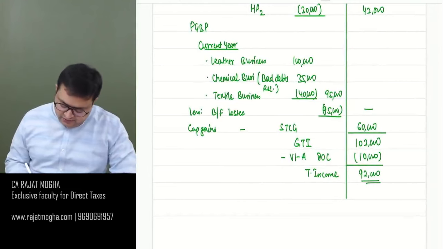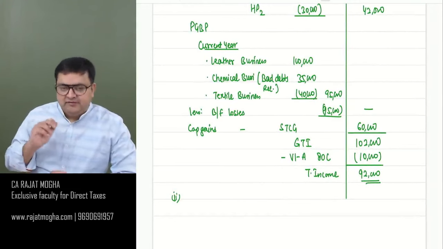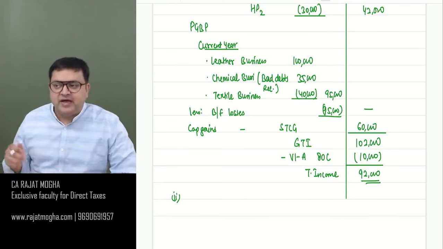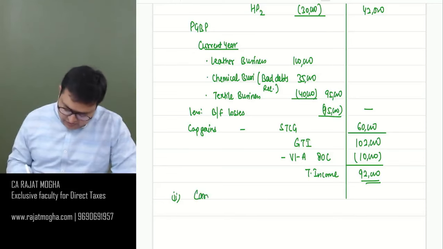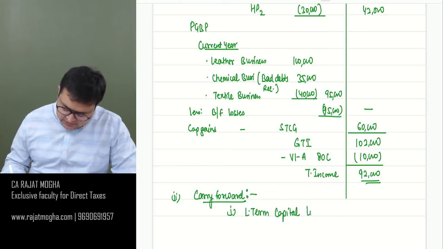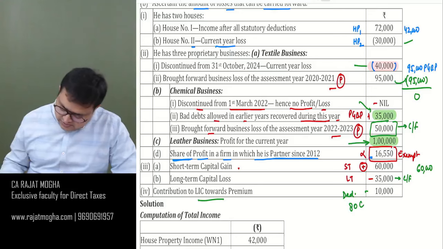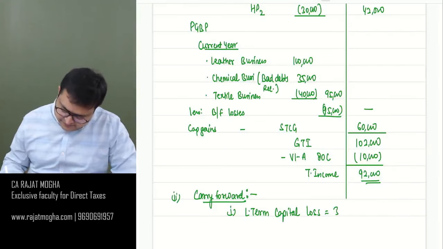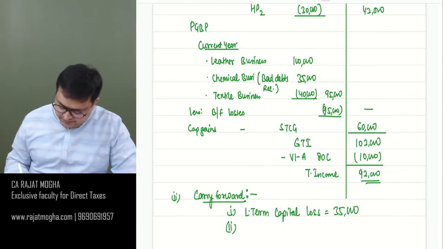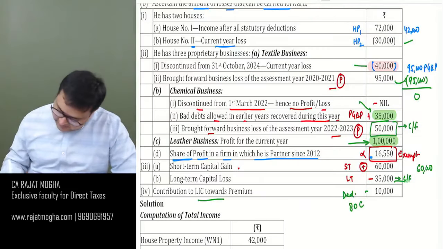Now, we have to write the second point also. And even if the question would not have asked, we have to write what are we carrying forward. Carry forward: long-term capital loss 35. Second is this 50,000 brought forward business loss for this year.